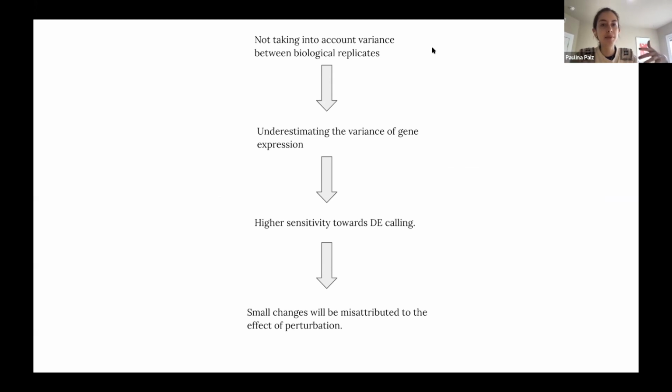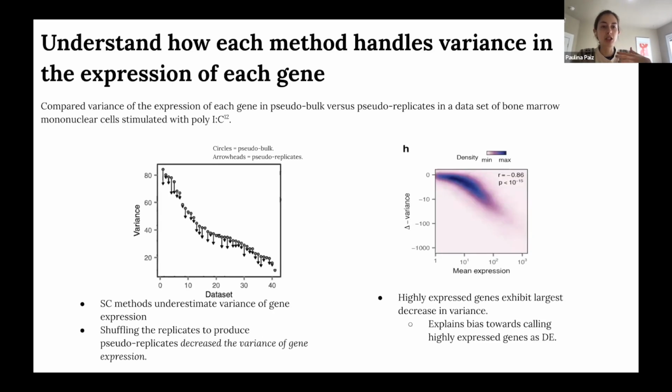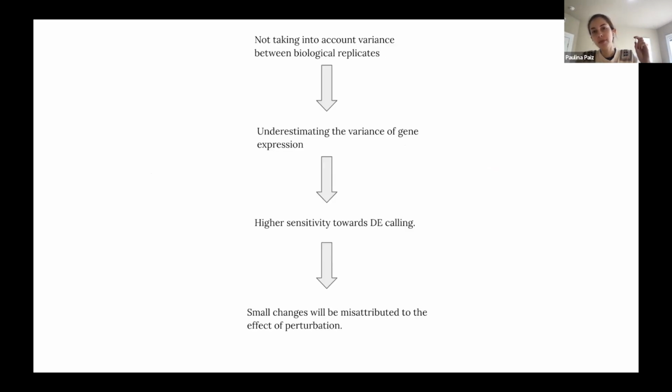This leads to underestimating the variance of gene expression, which is shown here, which leads to higher sensitivity towards differential expression calling. And that implies that small changes in gene expression will be misattributed to the effect of perturbation, since they don't have that kind of tolerance to those small changes in variance. And I think the authors could have done a better job of just connecting one to the other.